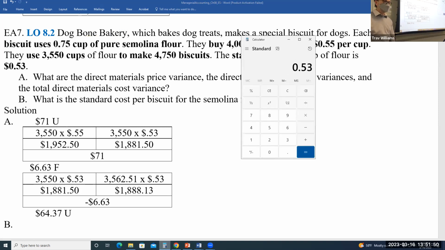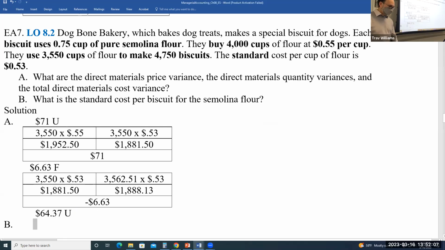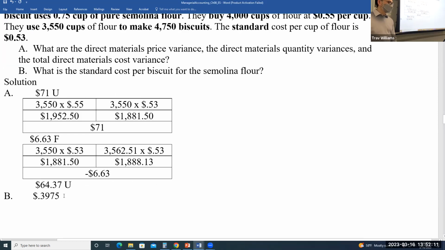Okay, so we take the standard cost per unit of materials times the 0.75 units that we need per unit of production. That's confusing. And we get 39.75 cents. So that is, believe it or not, something you sometimes do see in the business world.